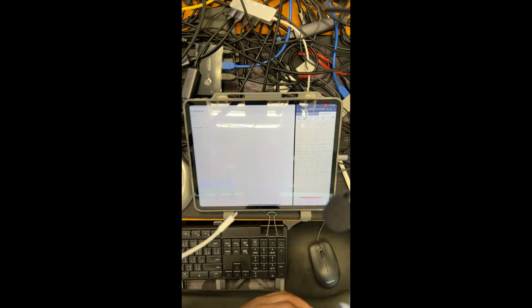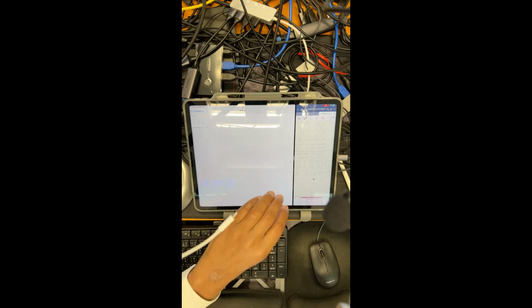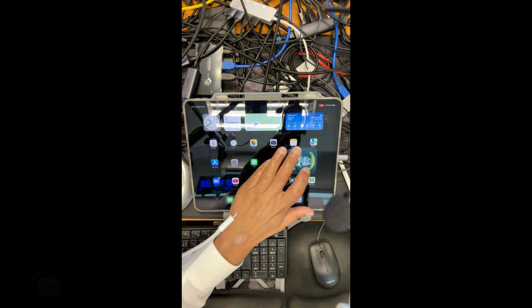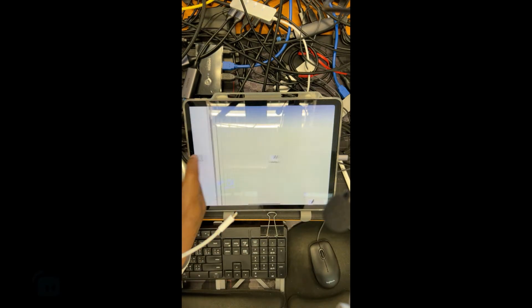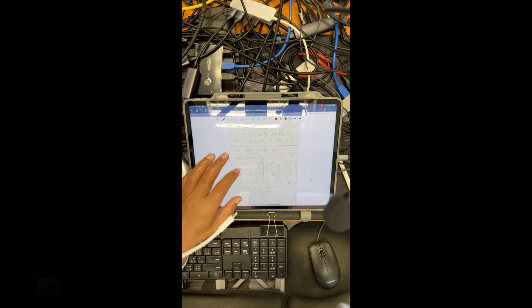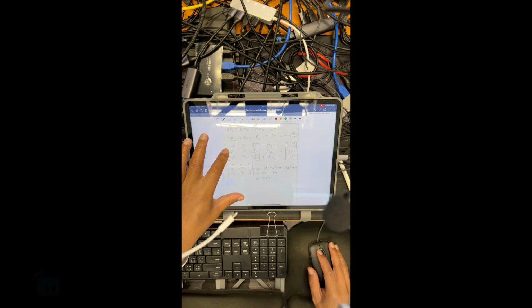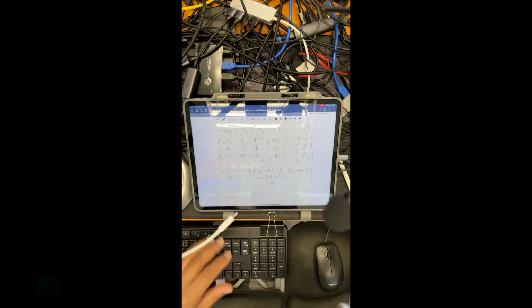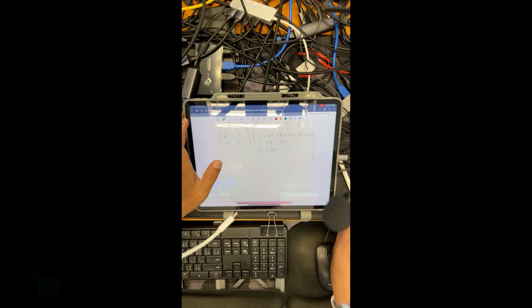Minus 10. Yeah, you can see that the denominator is minus 10, the same as what we have got, right? Yeah, we have received minus 10 for the denominator, right?